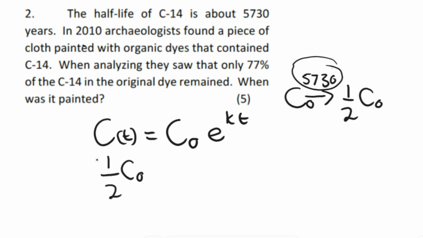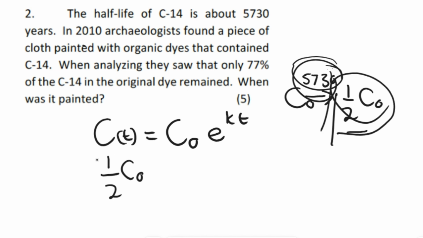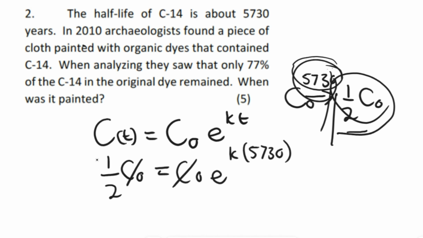It is now half of that carbon, equals the initial carbon, C naught, e to the power of k times 5730. Okay, and then the C naught will cancel, divide by C naught both sides.